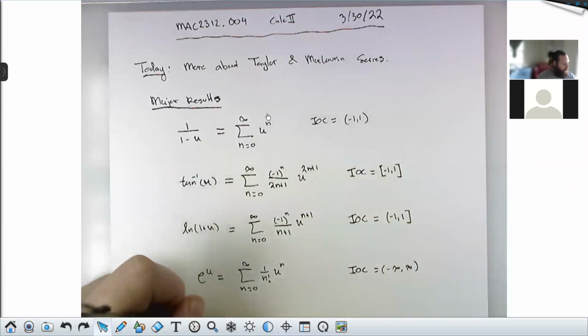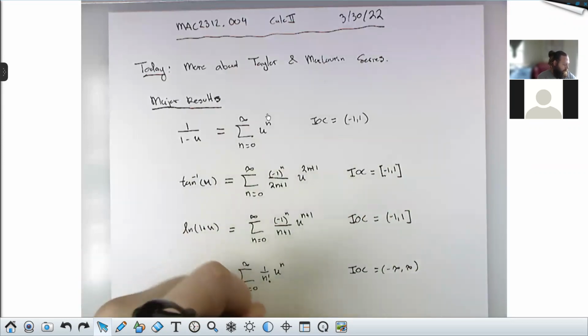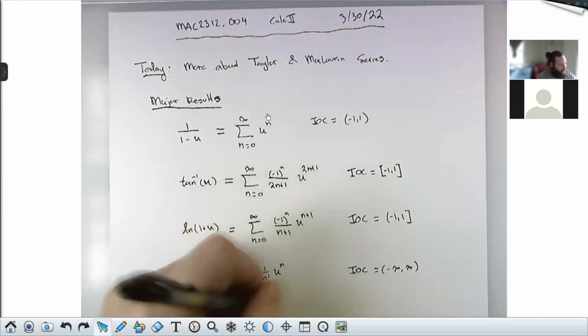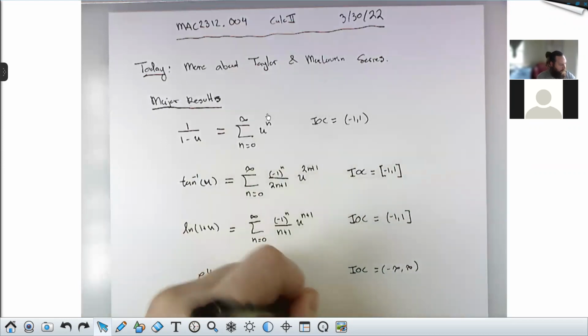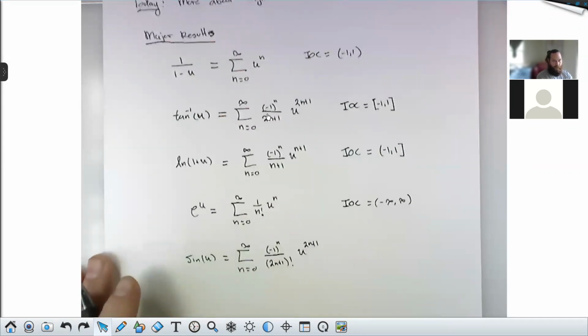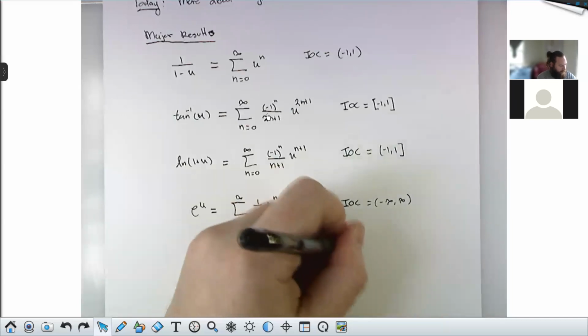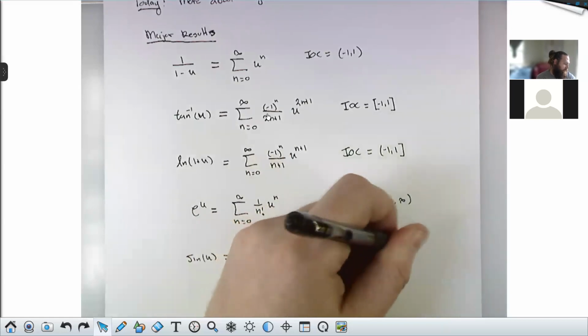We're able to get power series for sine. Sigma n from 0 to infinity, -1 to the n over 2n plus 1 factorial times u to the 2n plus 1. And the IOC for the sine series was also -infinity to infinity.